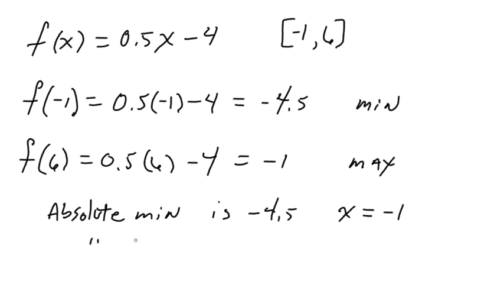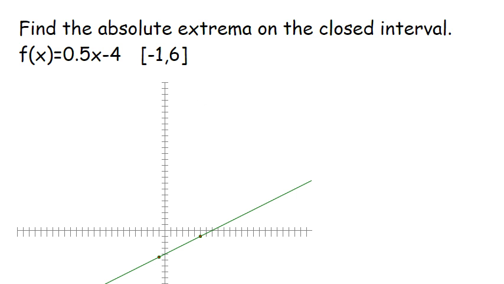And then of course we would say that the absolute max is -1 when x is equal to 6.